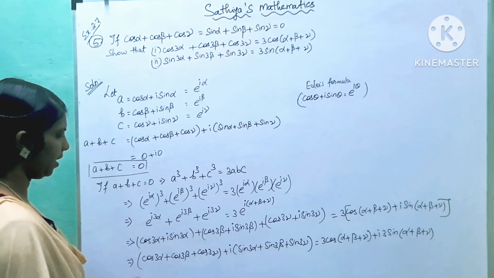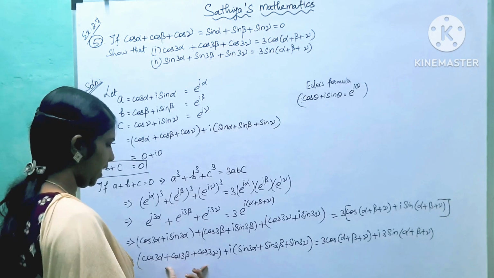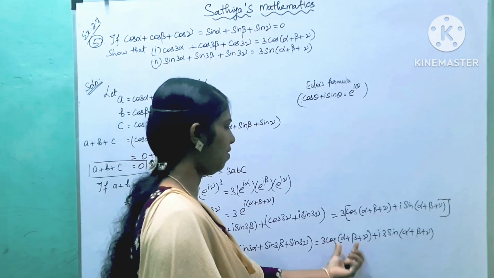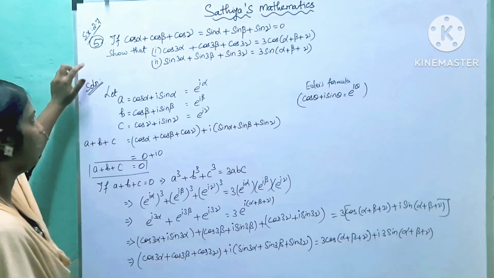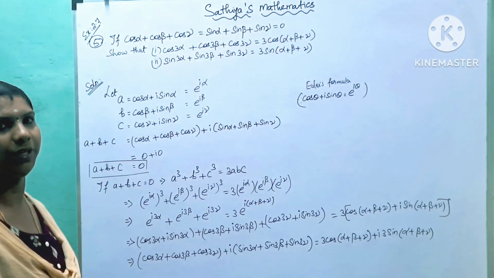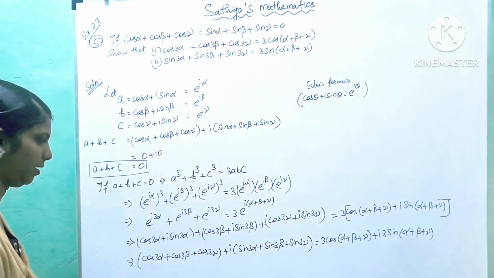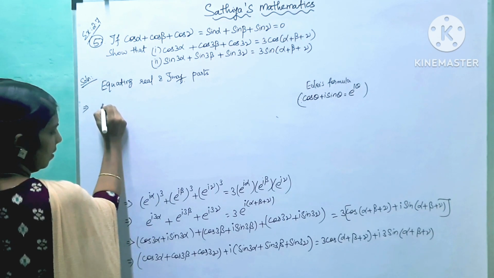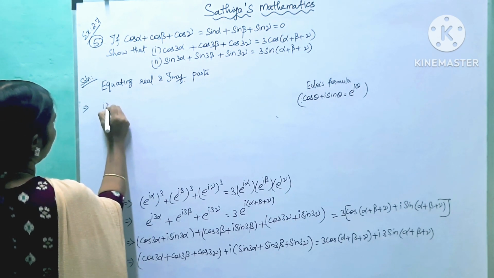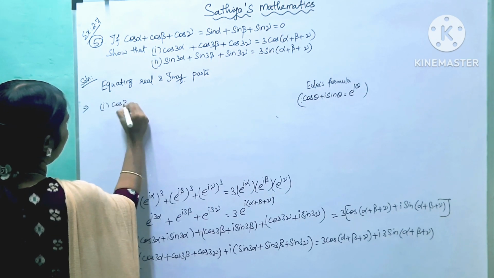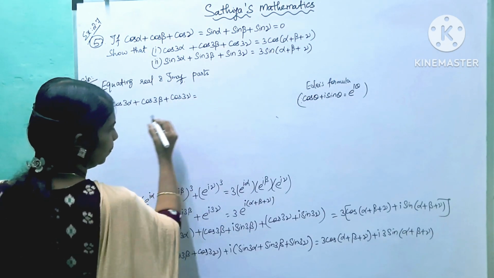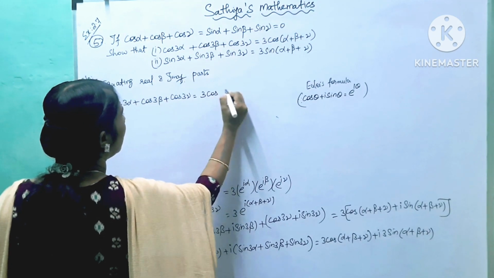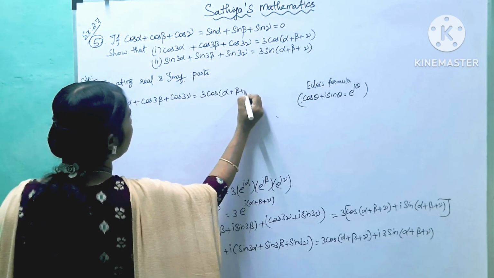Now look at both sides: this is in the form of a plus ib, and this is also in the form of a plus ib. By equating the real and imaginary parts on both sides, we get the proof. So now we are going to equate the real part and imaginary part. By equating the real part we get subdivision 1: cos 3 alpha plus cos 3 beta plus cos 3 gamma is equal to 3 cos(alpha plus beta plus gamma).